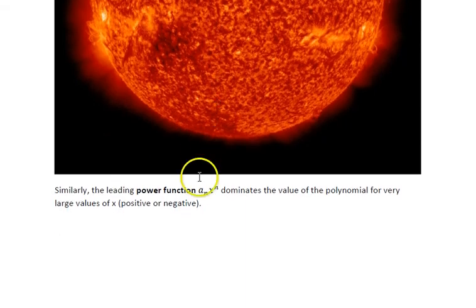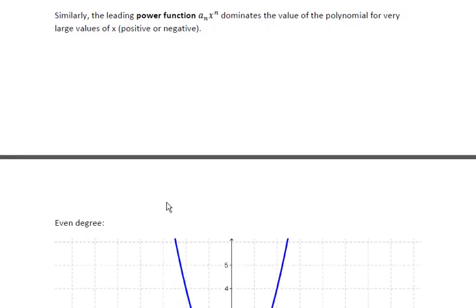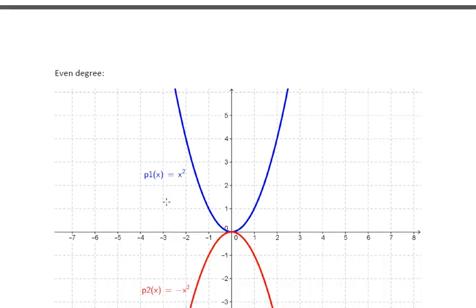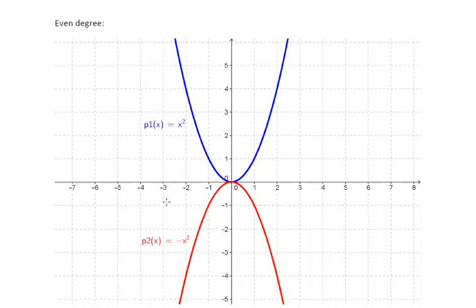Similarly, the leading power function of a polynomial, a sub n x to the n, because it has the highest exponent, dominates the value of the polynomial for very large values of x, whether positive or negative. Let's look at even degrees for the leading term.